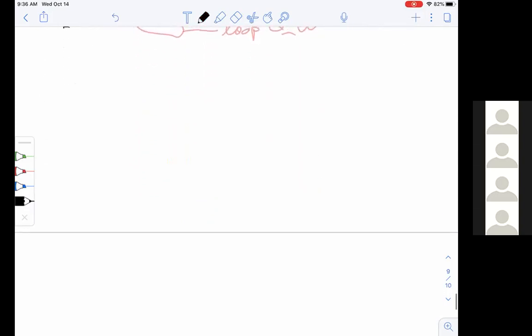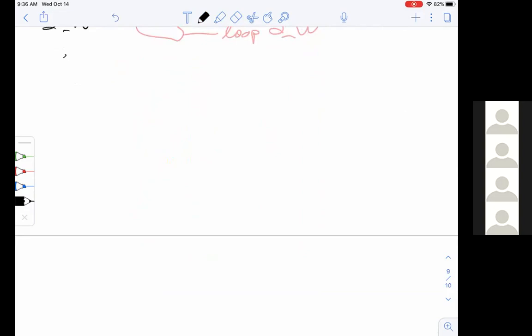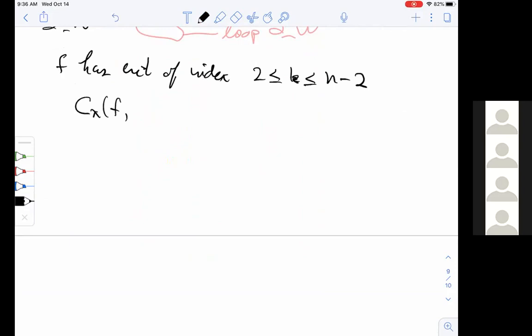So I now assume that F has critical points of index only from 2 to n minus 2. And I have this chain complex, free over the integral group ring.